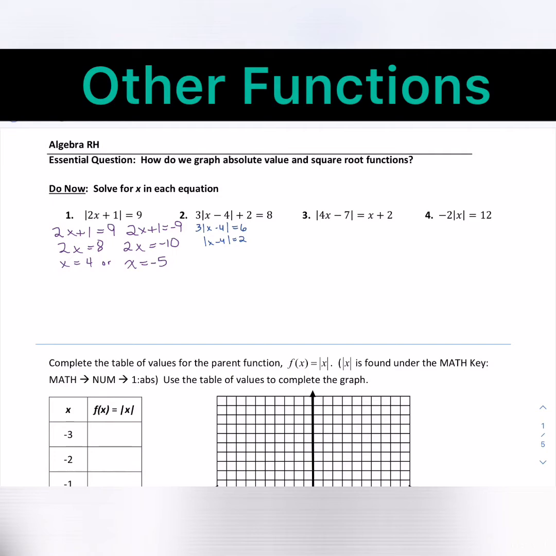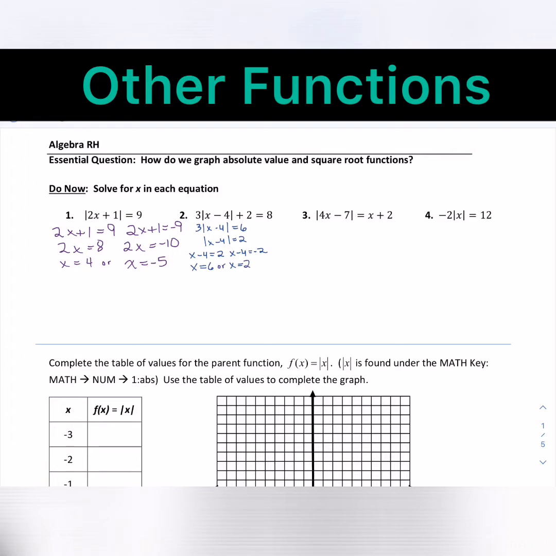And once we have isolated the absolute value, then and only then do we create our two equations, setting it equal to 2, and we know absolute value makes everything positive, so to account for that, we are going to set it equal to negative 2 and see what we end up getting. So this answer is going to be x equals 6, and this answer is going to be x equals 2.